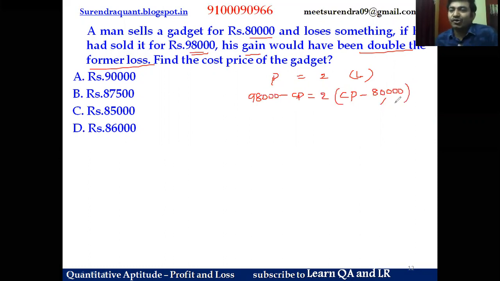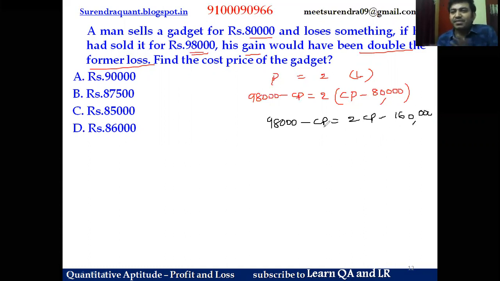First of all, I'm trying to explain you the concept, understanding with a question. Then I'll tell you one shortcut as well, right? Shortcut, in my perspective, is nothing but thinking less, writing less, thinking more on that. What do you mean by profit? 98,000 minus CP. Loss is CP minus 80,000. So this is 98,000 minus CP equal to 2CP minus 1,60,000 rupees.